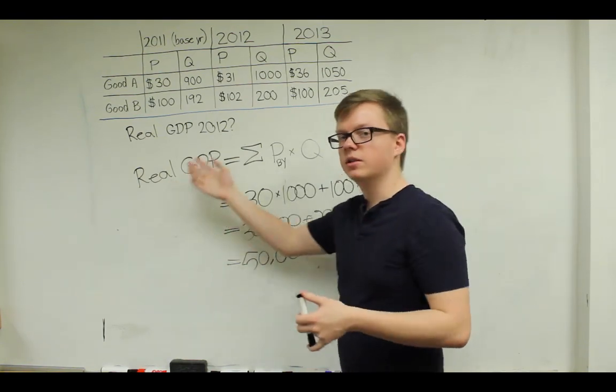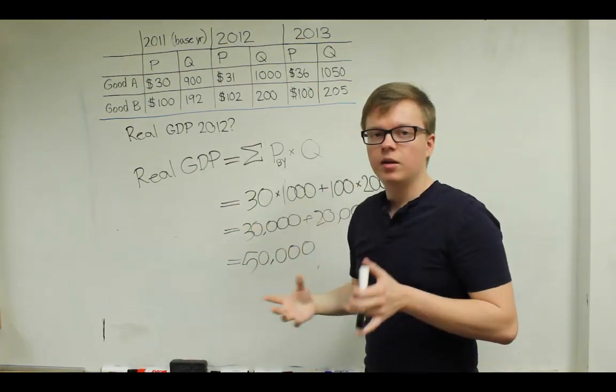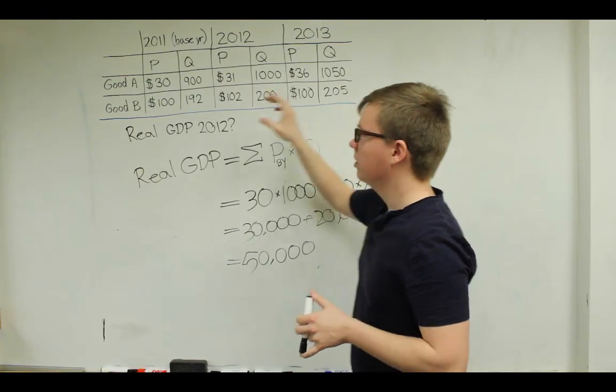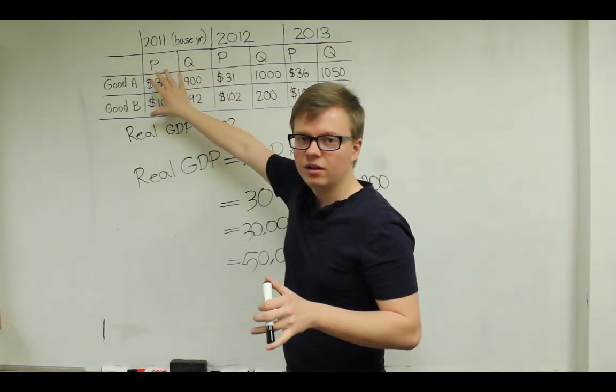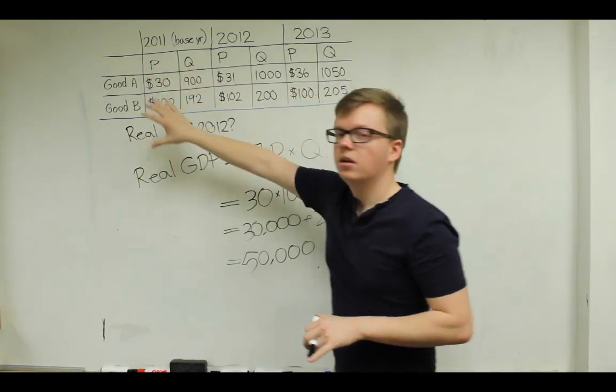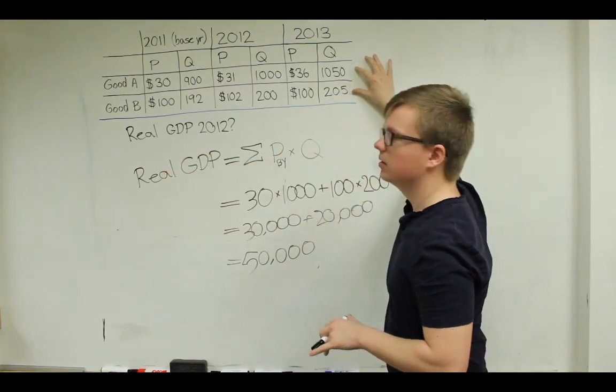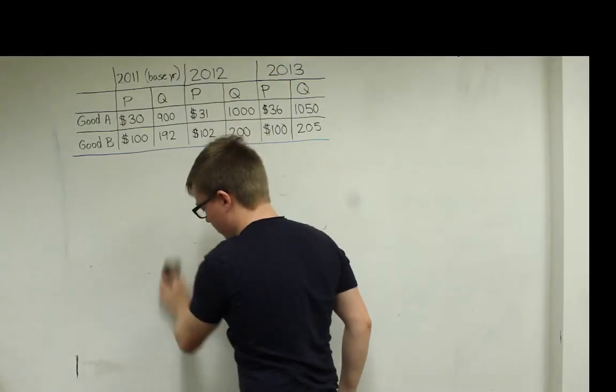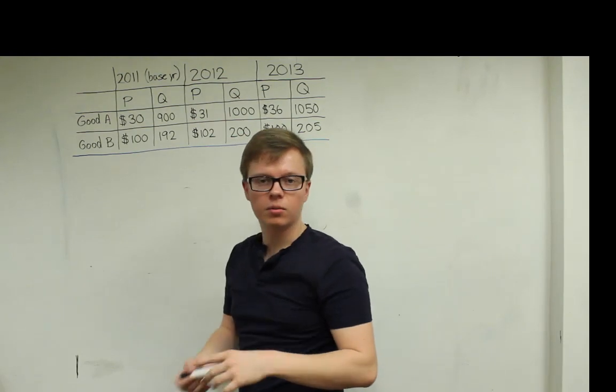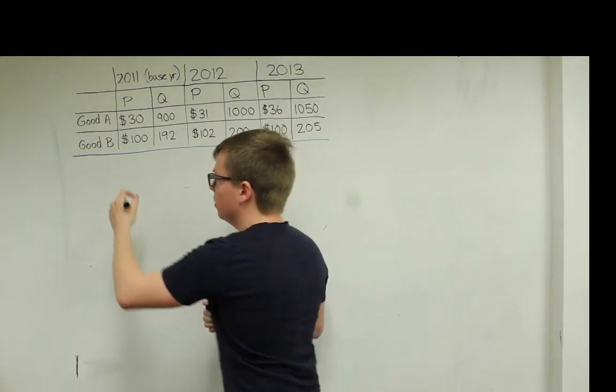If we wanted to do the same thing for 2013, it'd be really similar. We multiply the prices, still from 2011 because that's still our base year, by the quantities in 2013. Now we have one last question, and this one's a little more involved than the previous two.